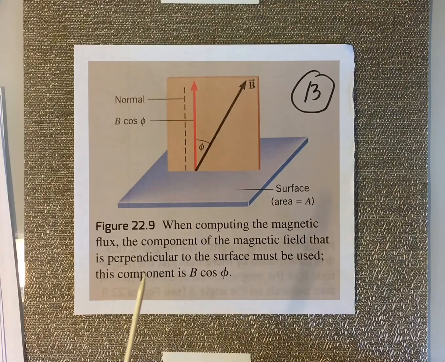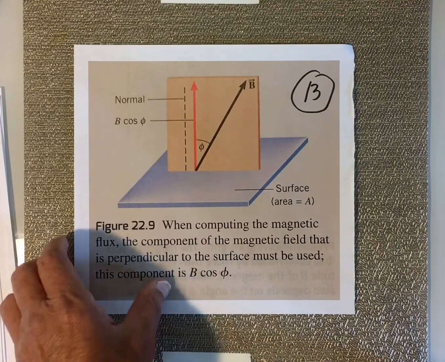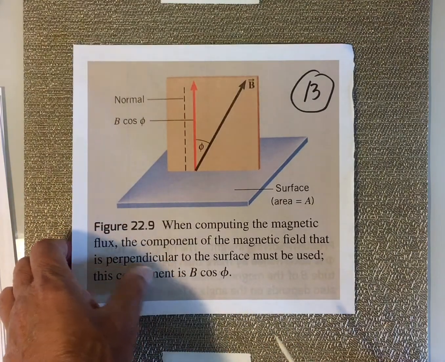So the component of the magnetic field that is perpendicular to the surface should be used, like b cosine theta or phi, whatever that angle is.